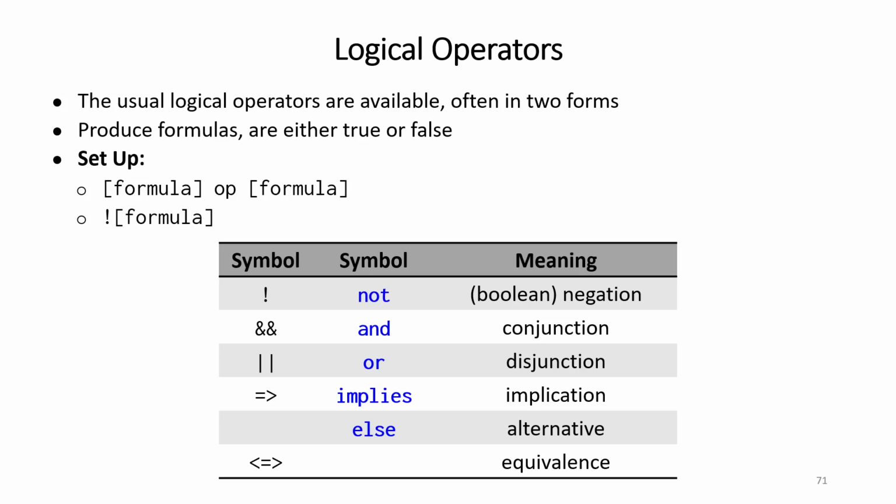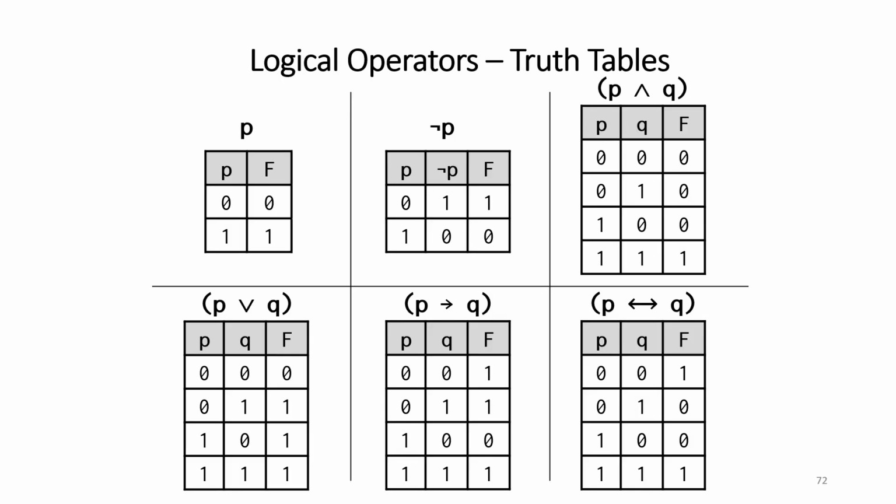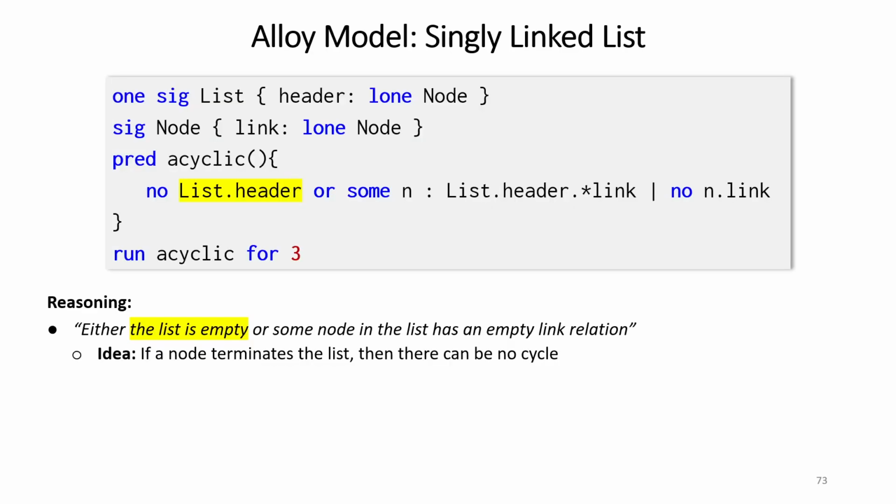So these are quite straightforward. These are the normal truth tables that we saw before. They are exactly the same as in the propositional logic lecture, which was our chapter 1. So nothing changed here. The only thing that changed is that we can use these operators now on more complex formulas. But we could already do that with SMT, where we also combined them in more complex ways.